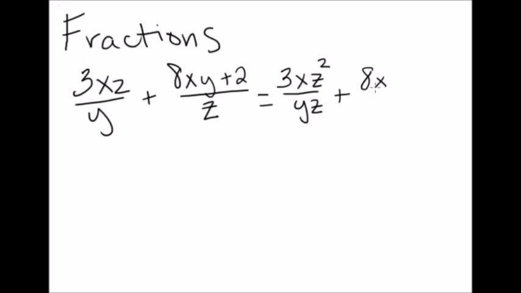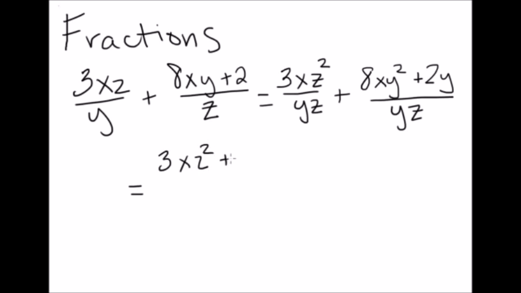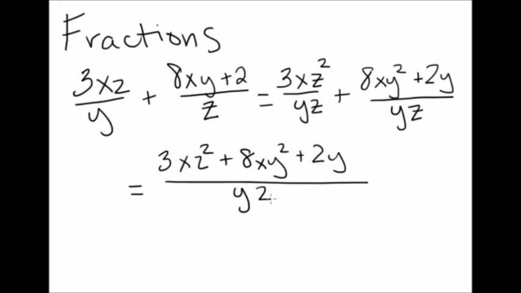I'm going to distribute the y across both terms so that on the bottom I have yz, and then I can combine my terms. 3xz squared plus 8xy squared plus 2y over yz. And notice that there's not really any way to simplify that expression any further.